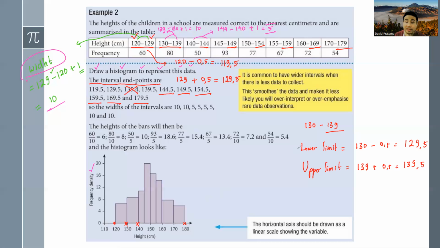That's all about lower limit and upper limit, the lower boundary and the upper boundary.